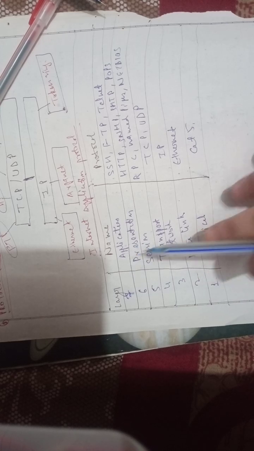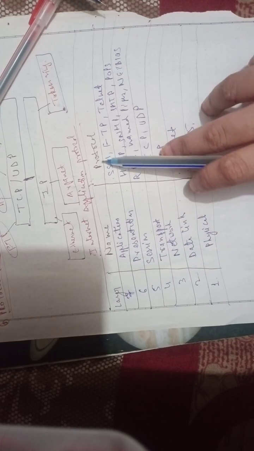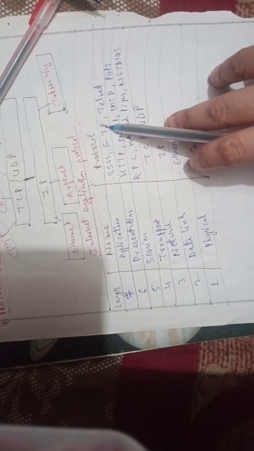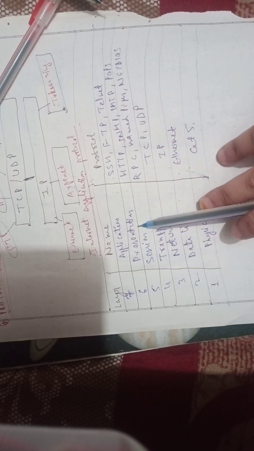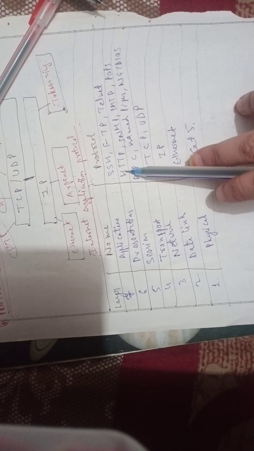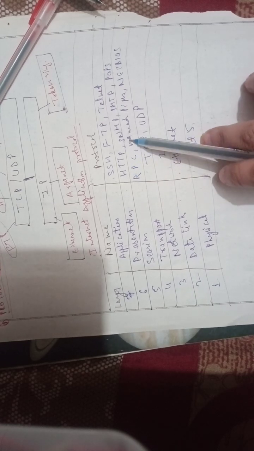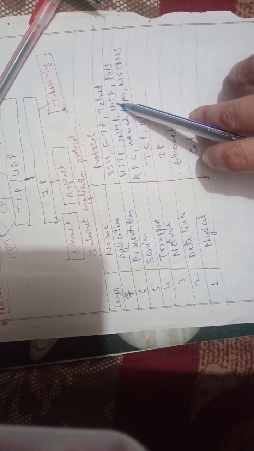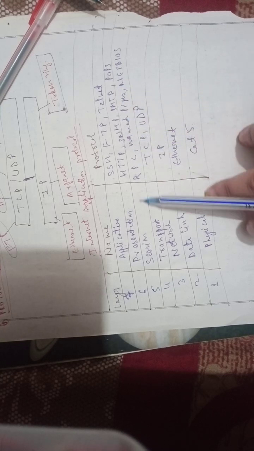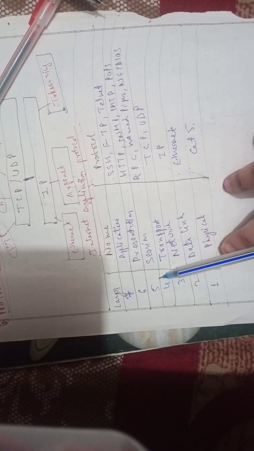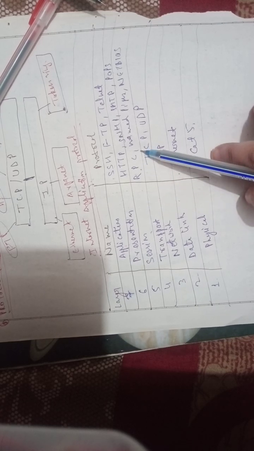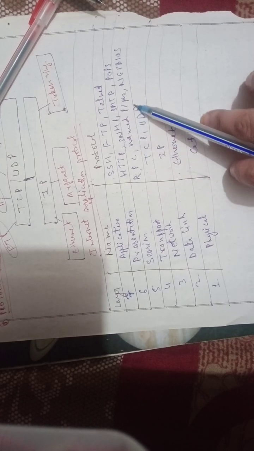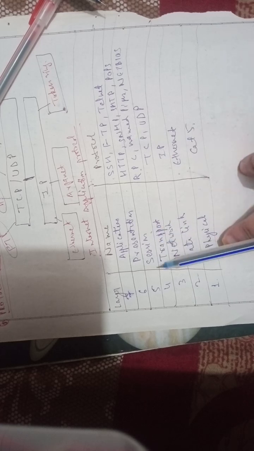So within the 7th layer, the layer is your application layer. The protocols used are SSH, FTP, Telnet. In the 6th layer, the name of the layer is presentation, and the protocols used are HTTP, SNMP, SMTP and POP3. The 5th layer is session, where the protocols used are RPC, named pipes and NetBIOS.